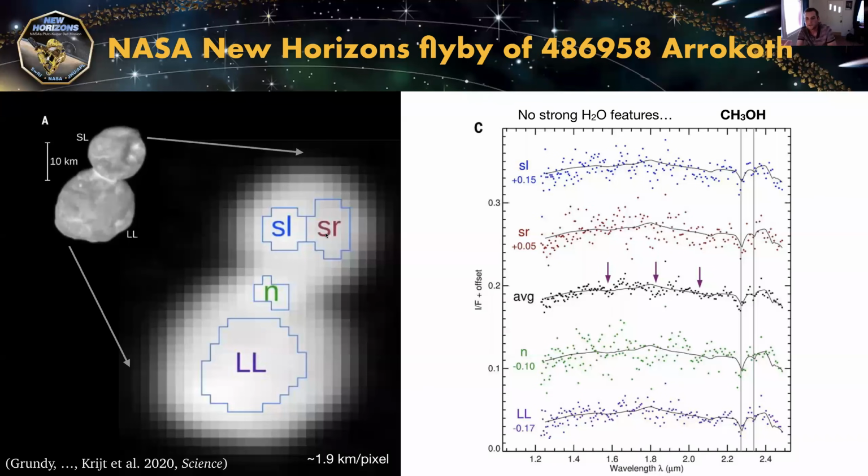But the spectrum was surprising in the sense that it revealed methanol features here around 2.3 micron, but there was no clear sign of water, or anything else really. So CO, nitrogen, things like that, while those are present on the surface of Pluto, you don't expect to see them here because this object is too small to hold on to them. But water we would expect to see. So it's surprising that they're not there.